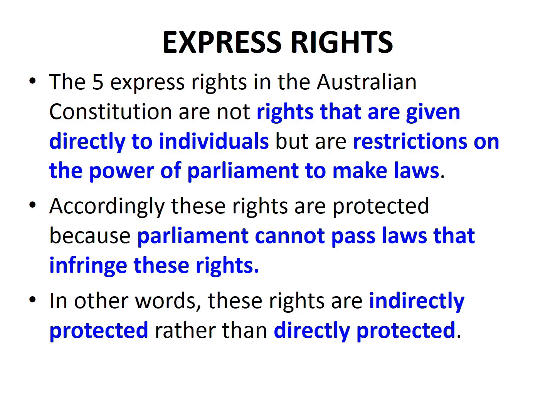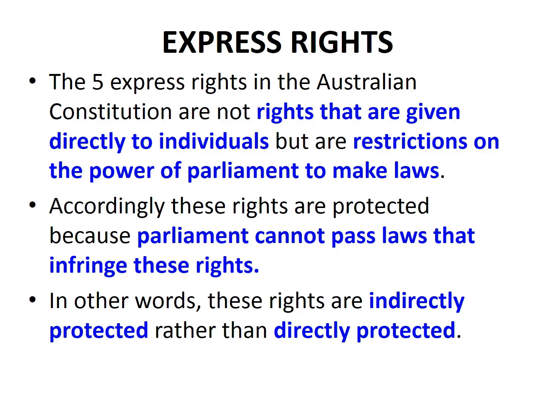If you are a citizen of the United States, the Bill of Rights says that you personally have the right to, for example, freedom of speech. No government, no parliament can take that right away from you. However, under our Constitution, the 5 express rights are not expressed as rights that are given directly to individuals, but instead they are expressed as restrictions on the power of Parliament to make laws.